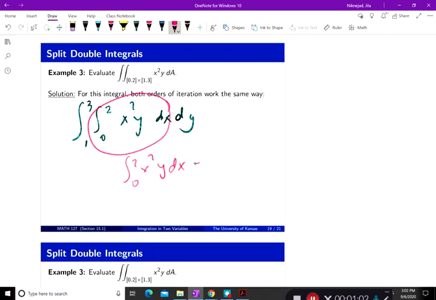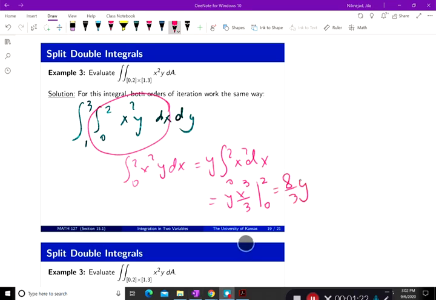Notice y is constant and it multiplies everything else, so it's a constant coefficient. It comes out, and the calculation of the integral is going to give you 1/3 of y.